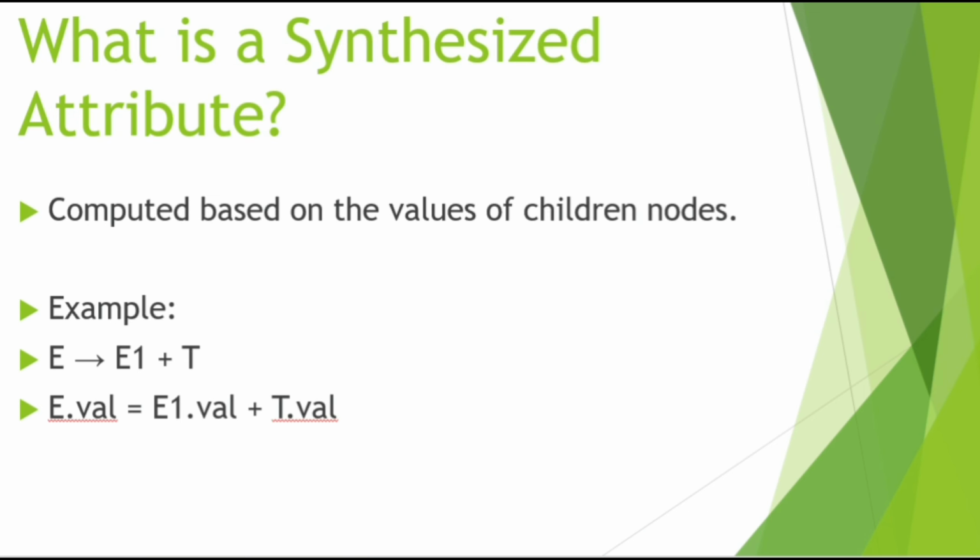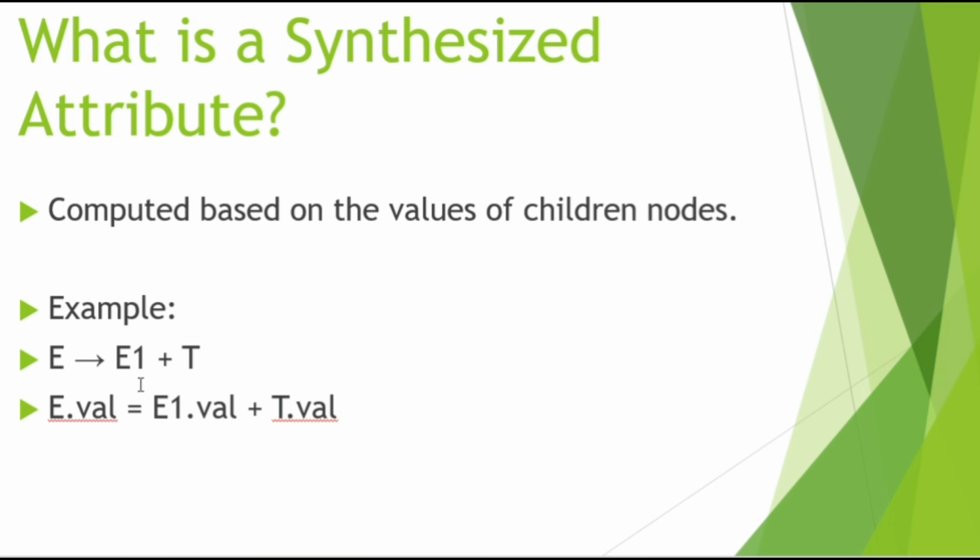So now let's break down what exactly a synthesized attribute is. Imagine you have a grammar production rule like E → E1 + T. In this rule, E is on the left side and E1 and T are on the right side.